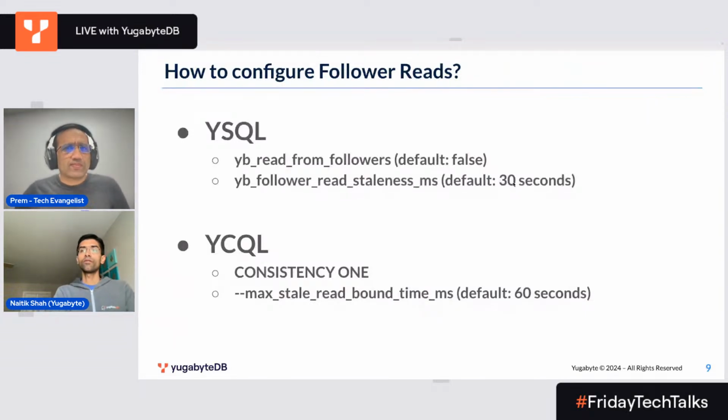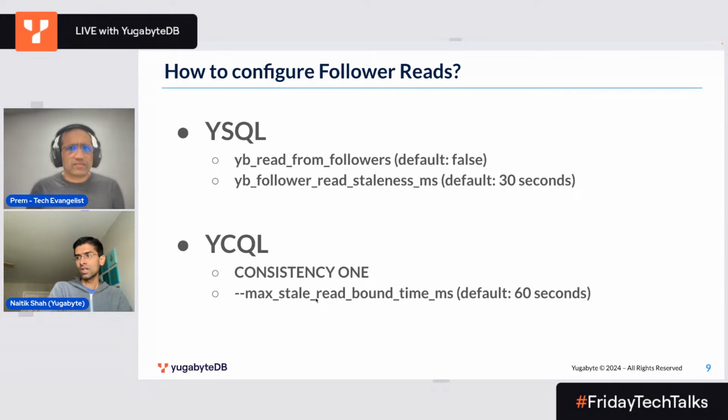Now, for YCQL, which is our Cassandra API, you can enable follower reads by setting consistency level to 1, right? And this is at the driver level. There's no other cluster level configuration needed in order to use follower reads within the YCQL API. We'll look at this example as well in our demo. There are two things here as well. One is to start reading your operations using consistency level of 1, and then the other setting controls the staleness, right?